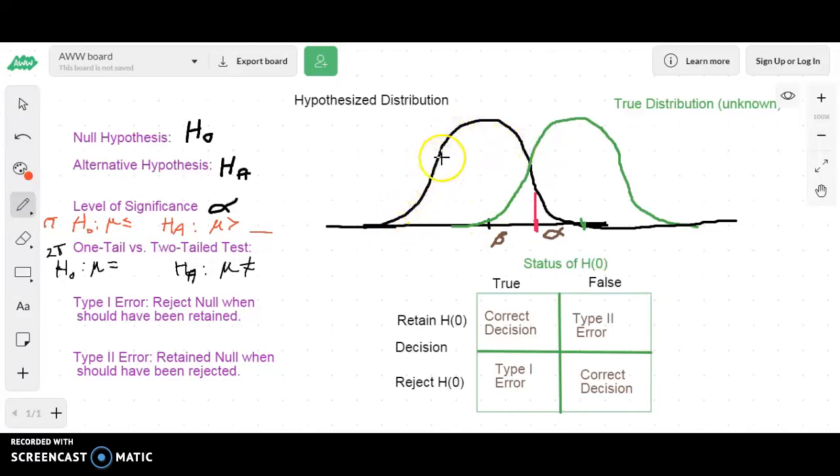So this black colored normal curve is our hypothesized distribution. It might be, for example, information that we have from past years. We might have 10 years of data that gives us some information to go on.